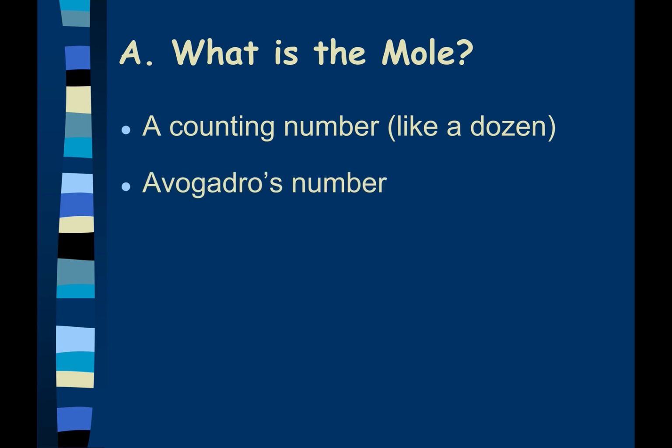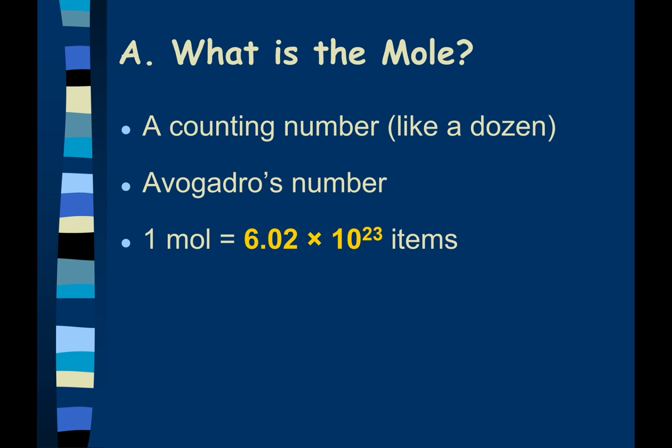Now, the mole also goes by the name Avogadro's number. 1 mole is equivalent to having 6.02 times 10 to the 23 items or pieces of something. Just like how a dozen will represent 12, 1 mole will represent this number, 6.02 times 10 to the power of 23. Now, a dozen's more familiar because in our everyday lives, we're constantly dealing with dozens of things.